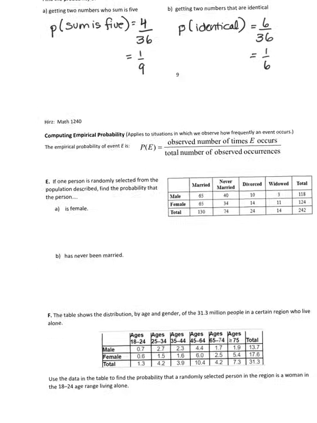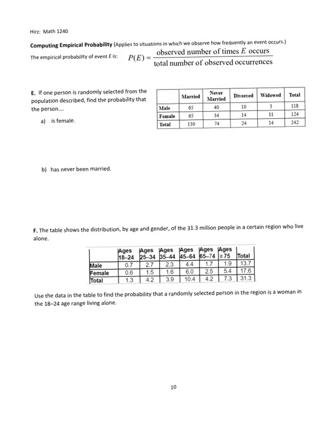Now let's compare that to computing empirical probability, right? So it applies to situations in which we observe how frequently an event occurs. The probability is defined the same way, except instead of being equally likely, it's the observed number of times that E occurs over the total number.